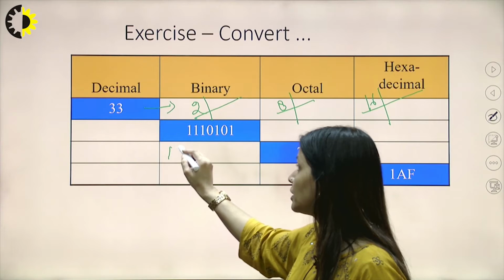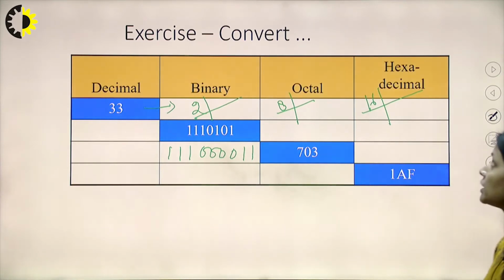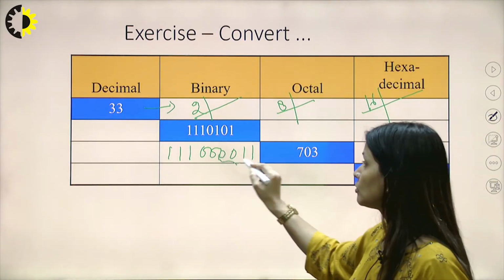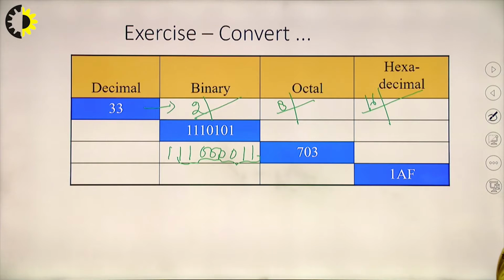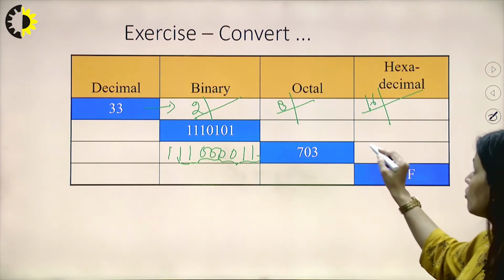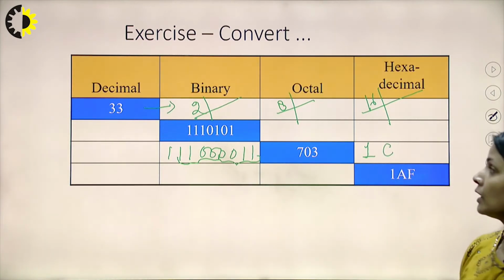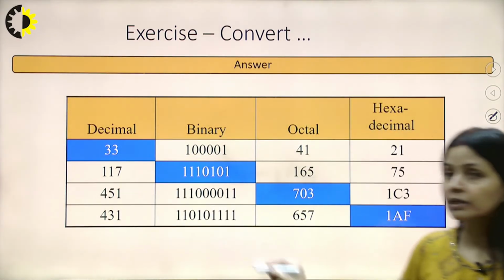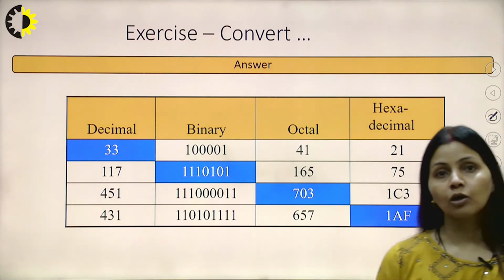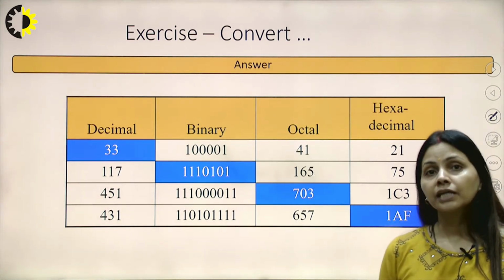If I want the hexadecimal, I regroup the bits in fours: 1110 0001 1100 0011, which is E 1 C 3. Like this we can fill in all the values, and to convert all the codes into each other we can check the values for these types of conversions.